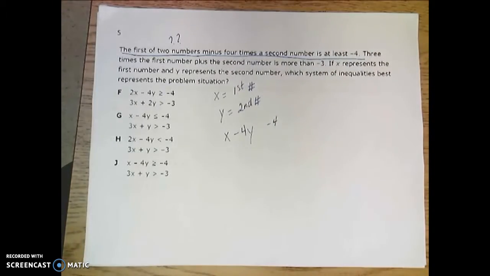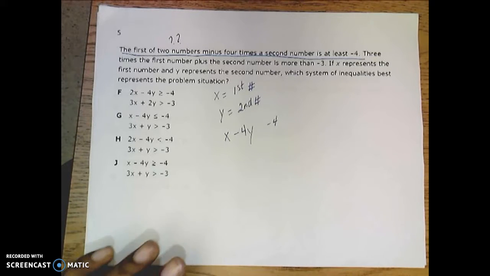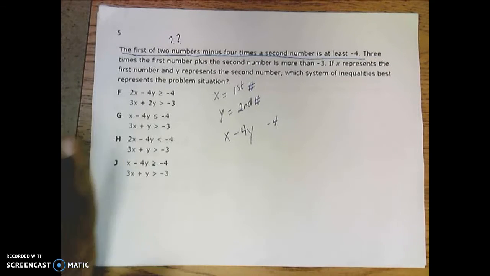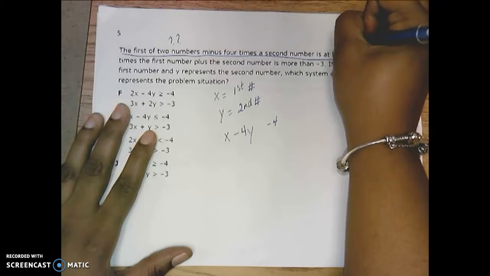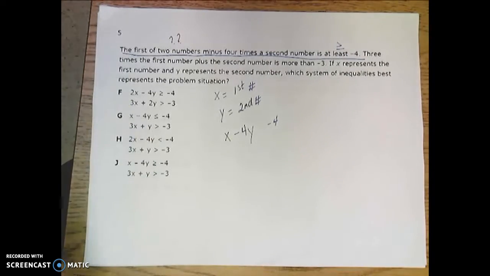Now, here's what I said in class. If you're trying to figure out what that at least means, think about it like this. If I tell you can come to the mall with me, but you got to have at least $50, what that means is that you can have $50, you can have 51, you can have 52, you can have anything over $50. But if you got $49.75, you cannot come with me. So at least means that it must be either greater than or equal to that amount.